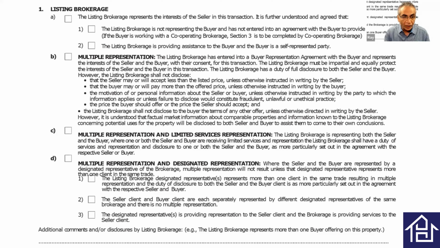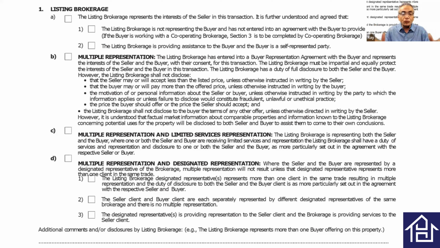Okay. And in a situation like that, you have a multiple representation because both buyer and seller are represented by the same individual. And in a situation like that, number one would be the correct option that you select. Now, number two says the seller client and buyer client are each separately represented by different designated representatives.